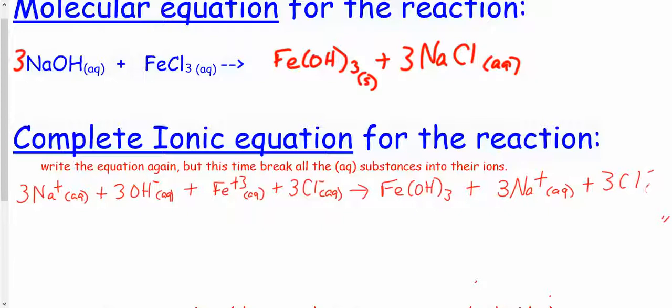Next step is to cancel out everything that's aq on both sides. My hydroxide's not, but my sodiums are aq, so I can cancel those. And my chlorides as well, because they're aq on both sides.